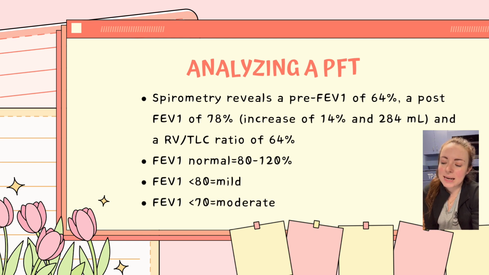Spirometry reveals a pre-FEV1 of 64%, a post-FEV1 of 78%, which is an increase of 14% and 284 milliliters, and an RV/TLC ratio of 64%.